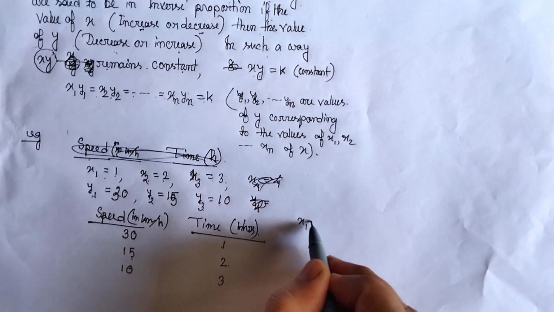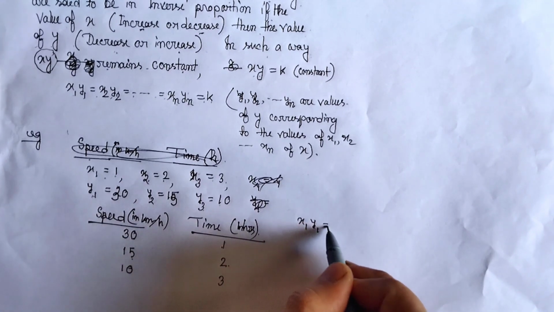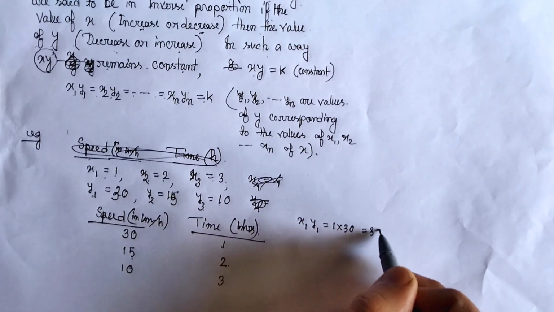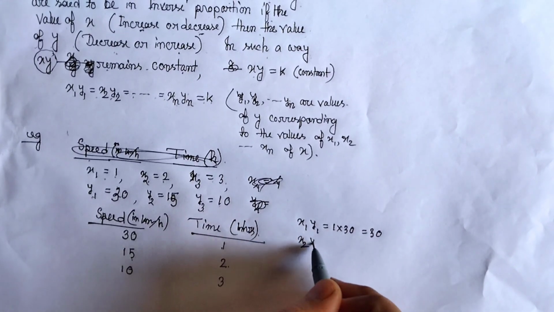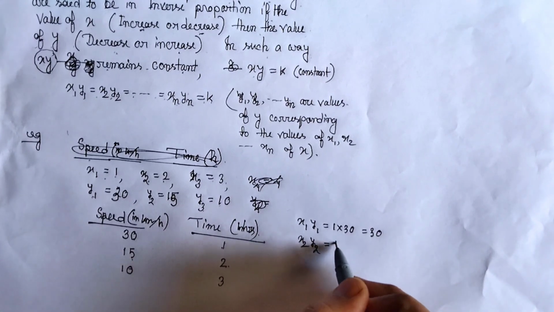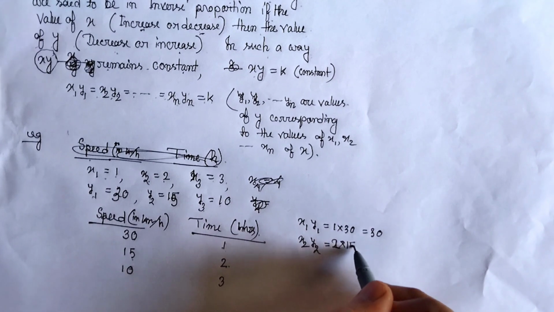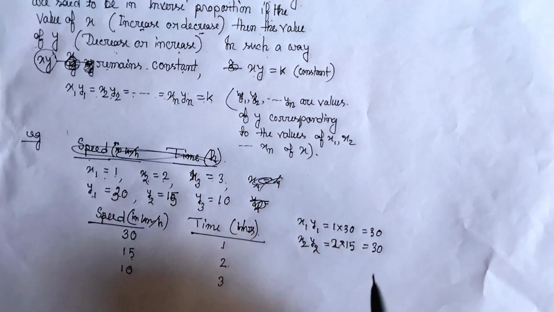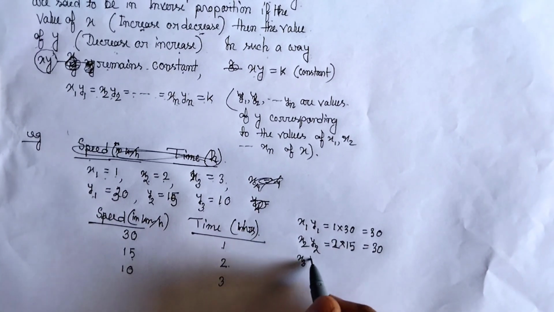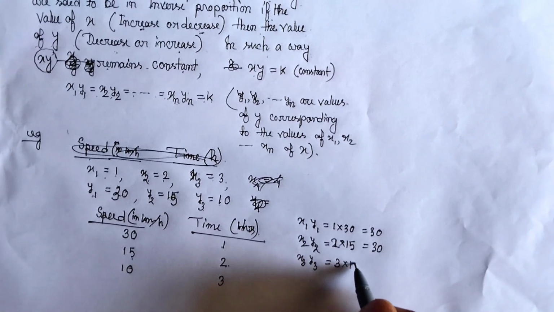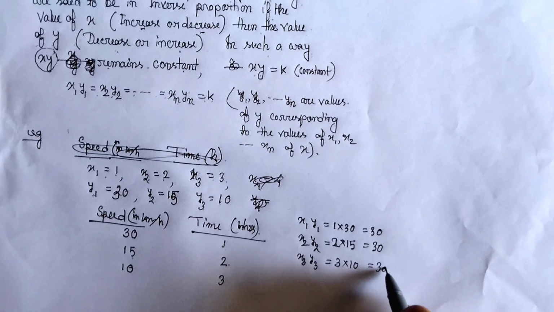So here x1 y1 equals 1 into 30, that is 30. x2 into y2 equals 2 into 15, also 30. Again x3 and y3, 3 into 10, also 30.